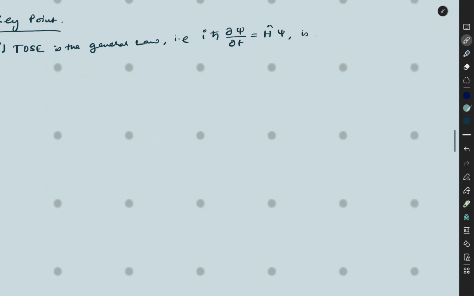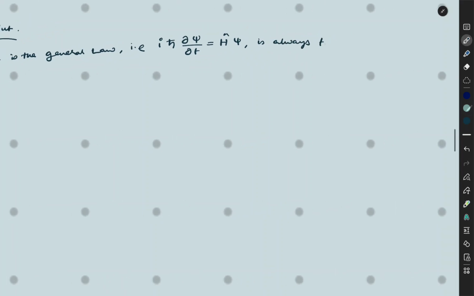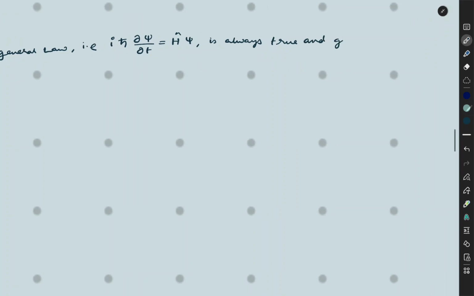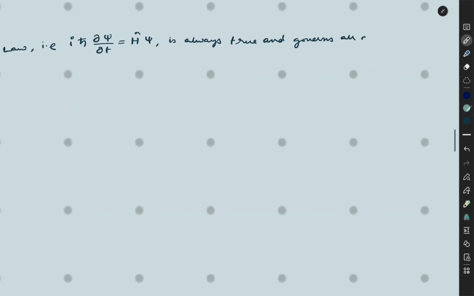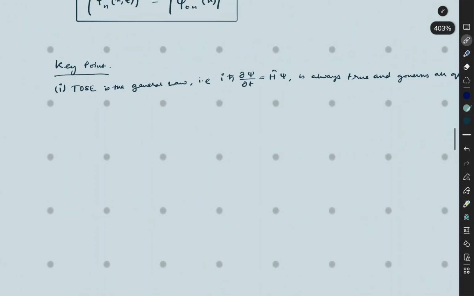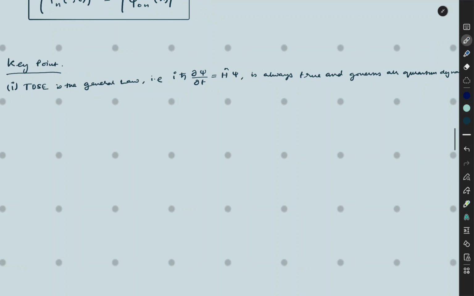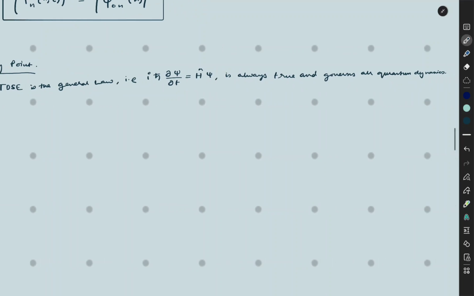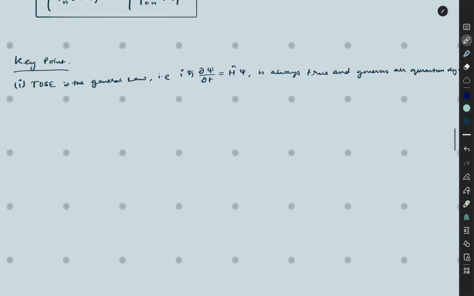This is always true, and this governs all quantum dynamics. So the time dependent Schrodinger equation is the general law, it is always true, and it governs all quantum dynamics.